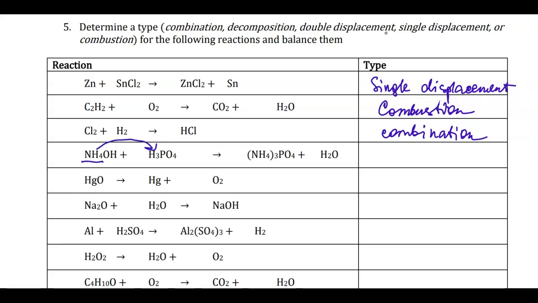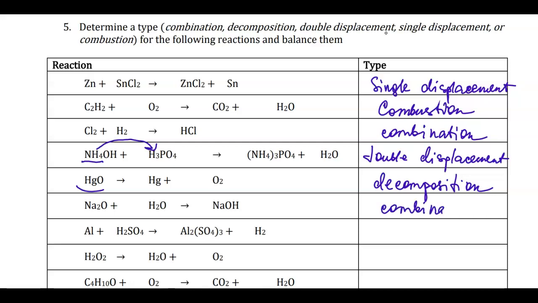So ammonia replaces hydrogen. That means it's double displacement. Here, 1 reactant and 2 products gives us a decomposition reaction. And this one, 2 reactants and 1 product. This is combination again.